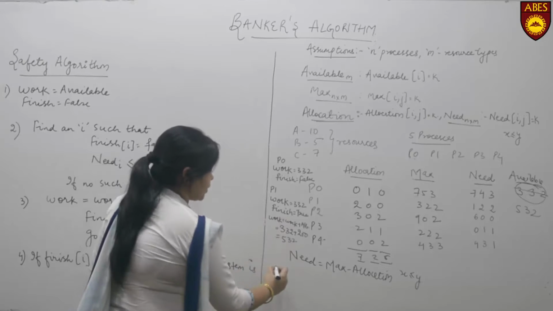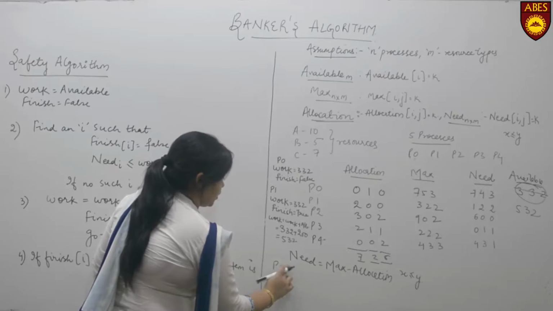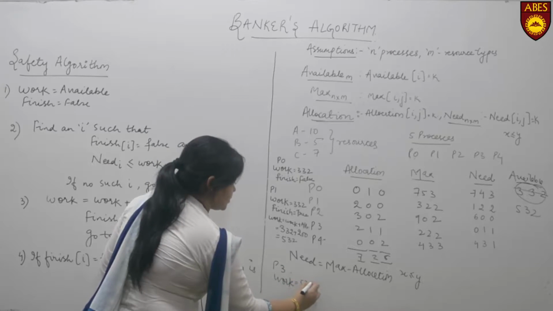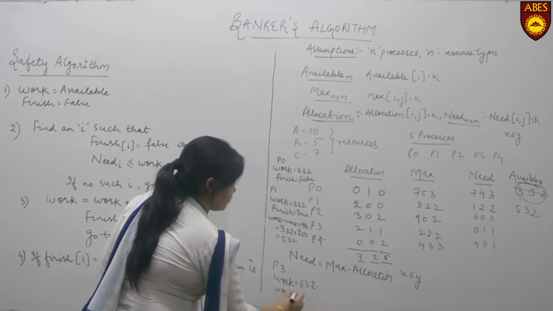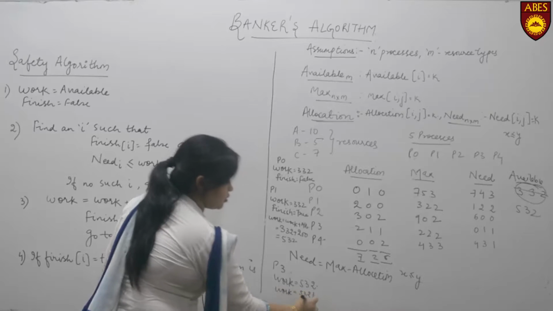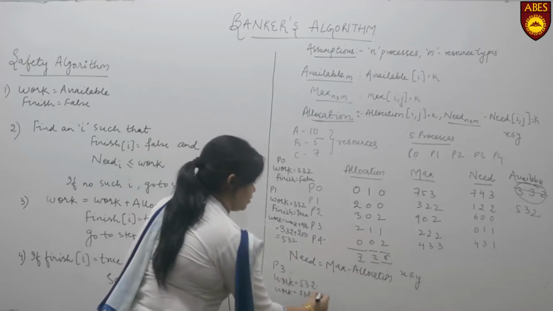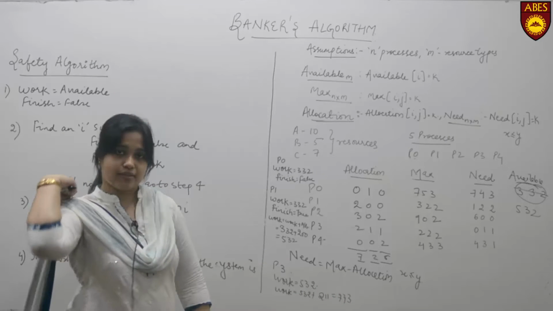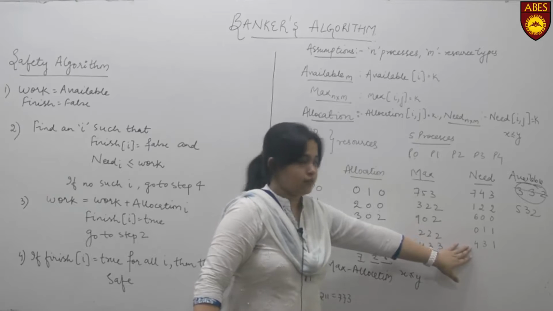Then we can take P3, work is equal to 5 3 2, and the final work will be 5 3 2 plus 2 1 1. So its value will become 7 4 3. 7 4 3 is the final available. Then 7 4 3 can serve 4 3 1.